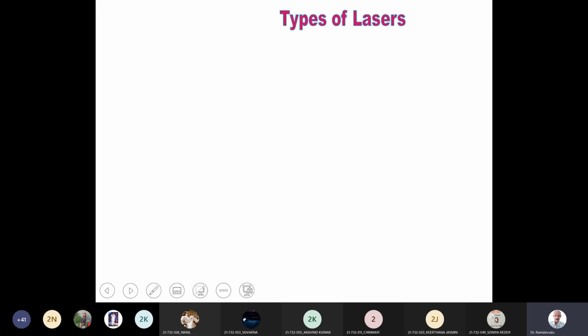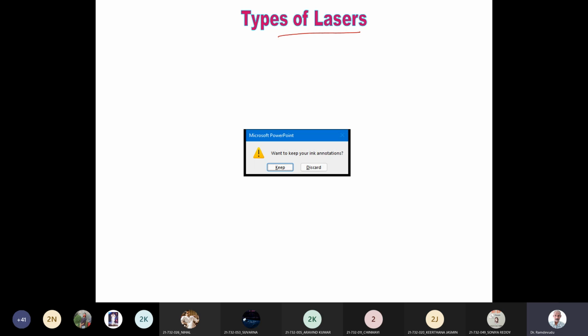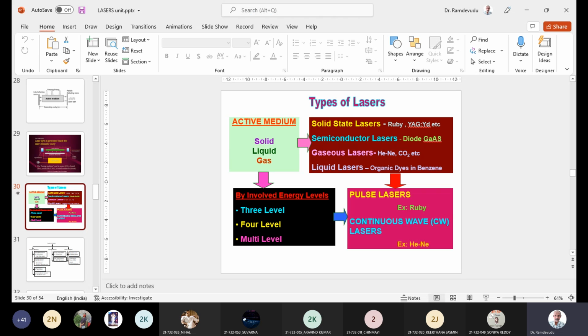So I stop here. In the next class, we look at types of lasers. What are the different types of lasers? How to use them? So we look at this in the next class.